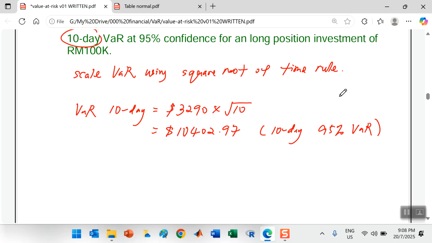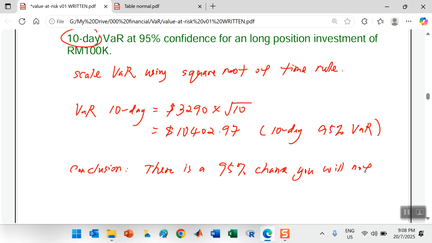So what you can conclude is there is a 95% chance you will not lose more than, sorry, this is dollars, $10,402.97 over the 10 days.